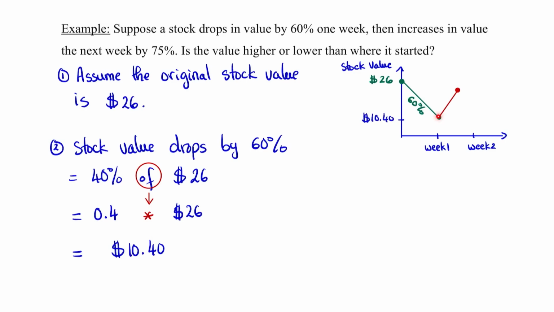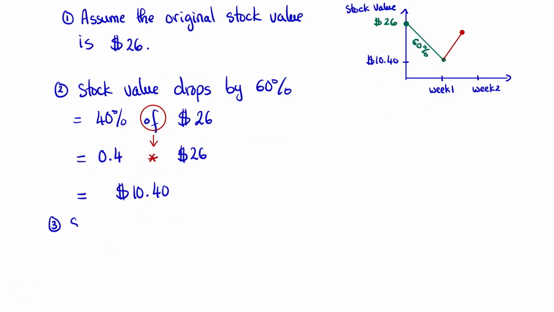Now from here, from $10.40, it'll increase 75% the next week. My stock value goes up by 75% the next week. This is 10.40. And this part goes up by 75%. Now, 75% of what? 75% of this price of 10.40.